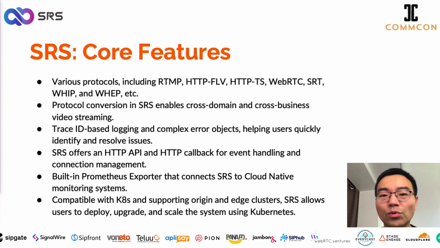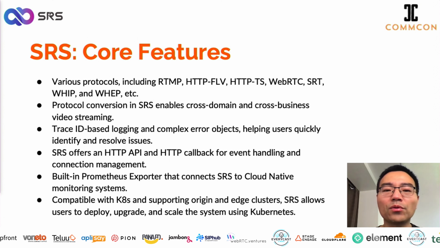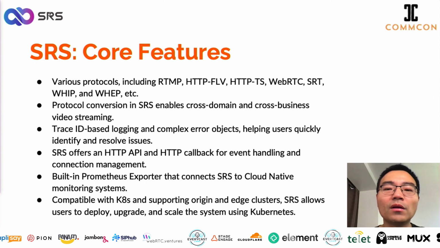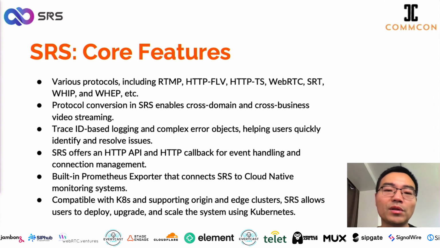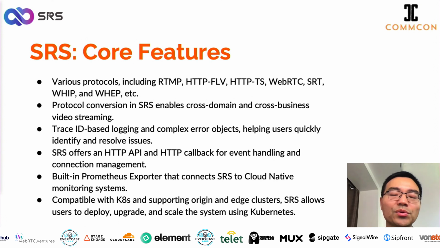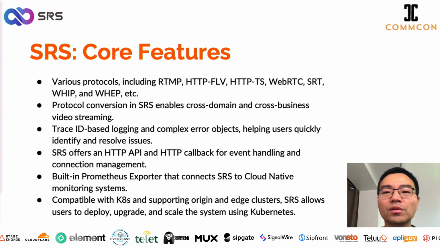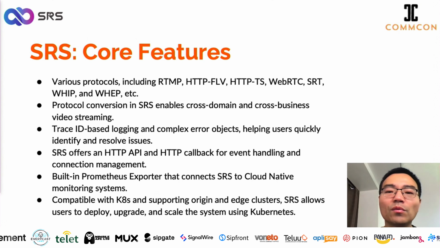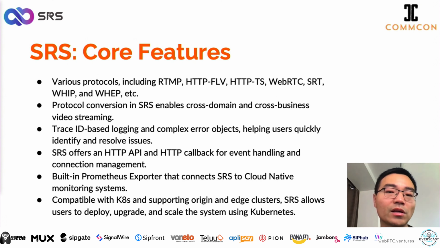This allows for cross-domain and cross-business video streaming, letting you use popular tools like OBS for sub-second live streaming, and you can use Unity game clients for media streaming. To scale out, SRS supports origin and edge clusters, which can handle millions of clients playing a stream. We are also working on a proxy cluster for WebRTC and SRT.